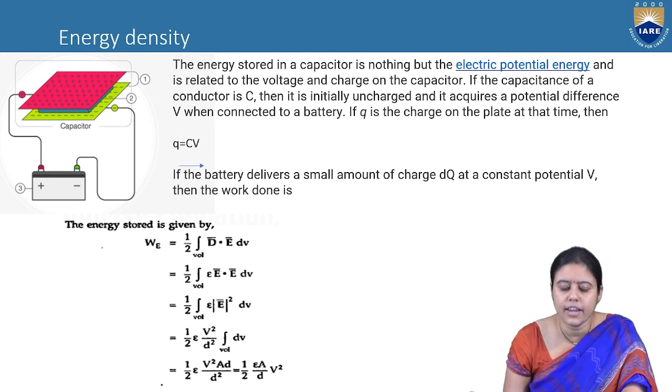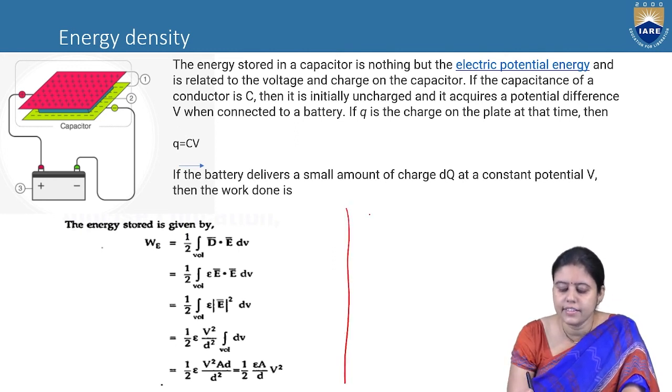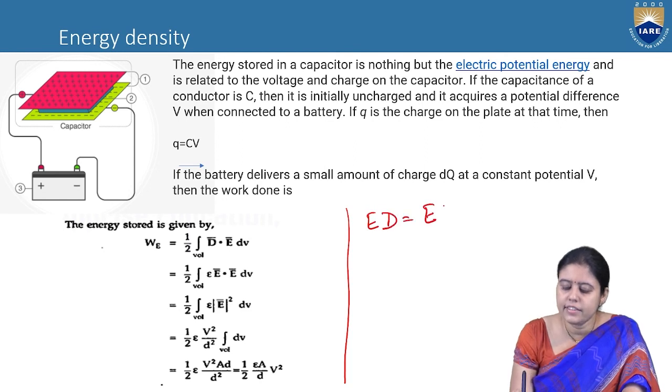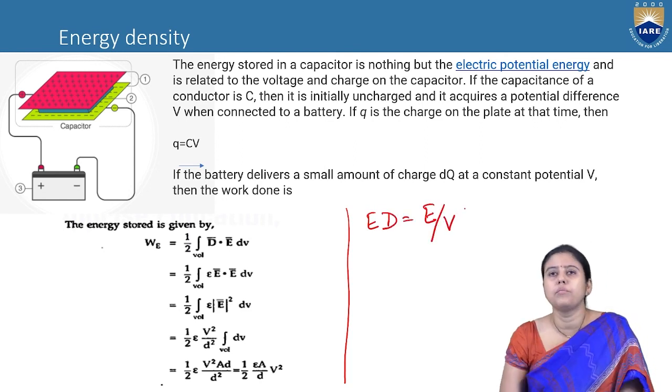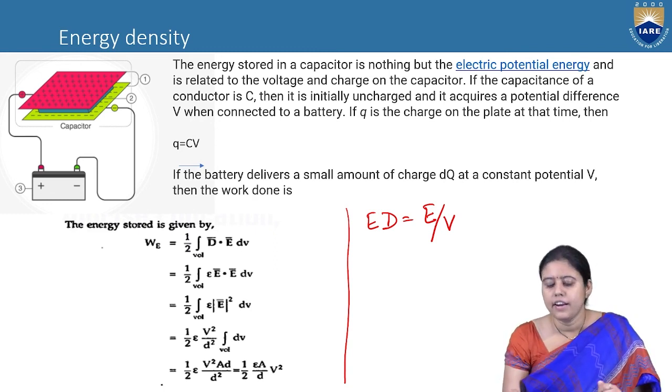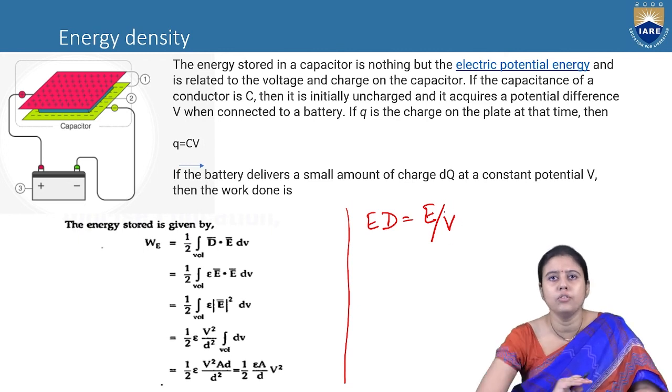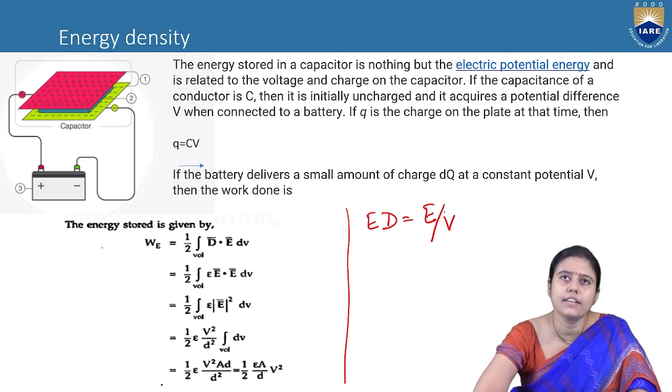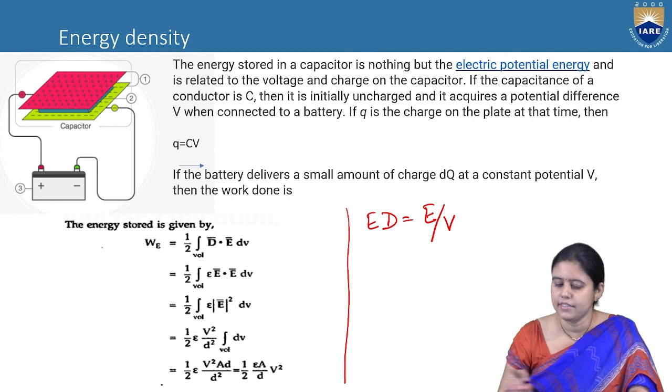Now we know the energy half CV square, we know the volume, we can easily get the energy density.